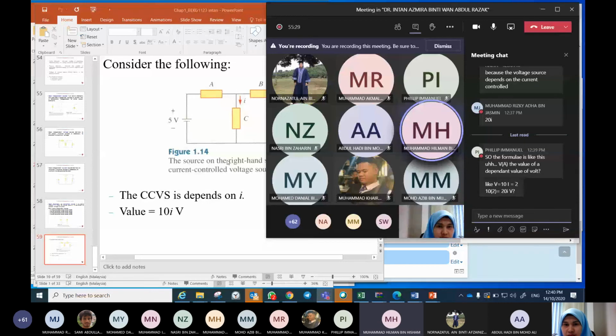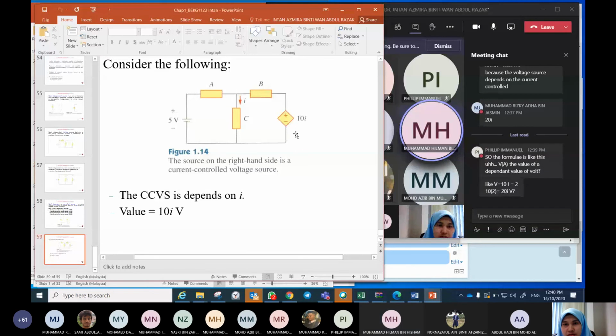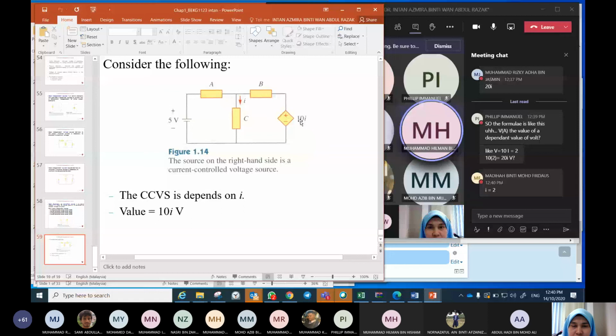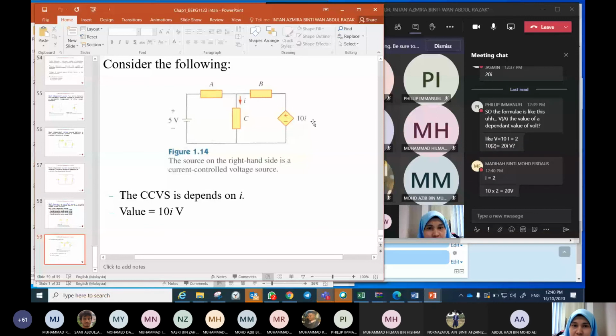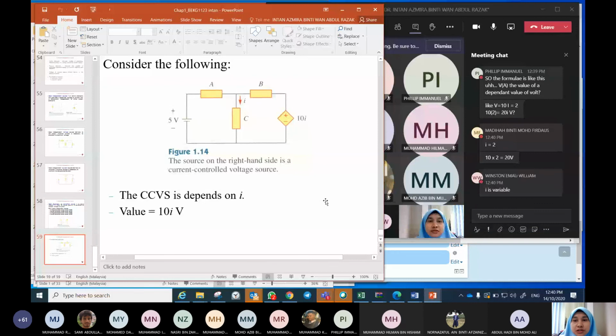Yes, it depends on the question. For example, this is 10V, and that V is located here, so your calculation will be 10 multiplied by the V here. It depends on the question. I is a variable, so yes.